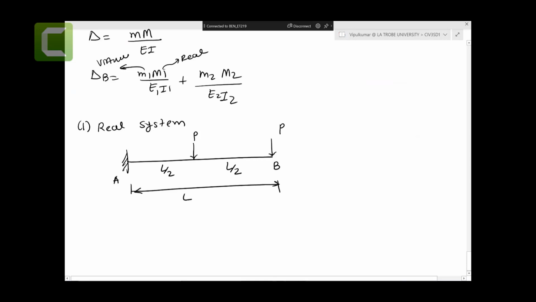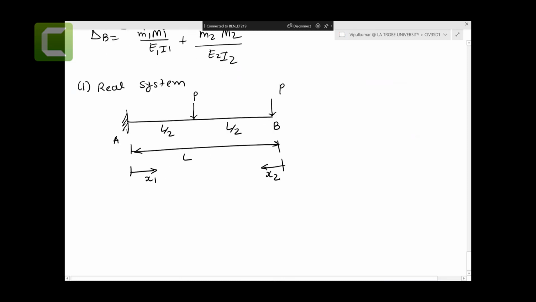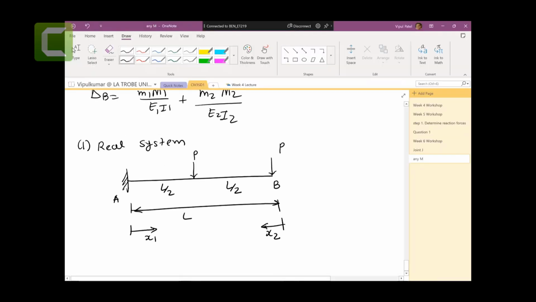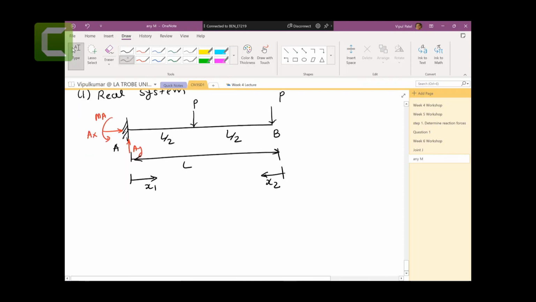Okay, so let's do this x1 measuring from here, x2 measuring from here. So we need to find the reaction forces, by the way. The reaction forces that we're going to get are AX, AY, MA. There are three reaction forces.